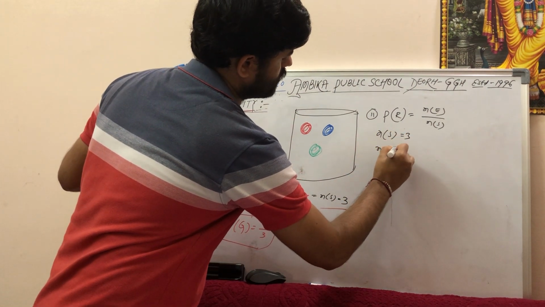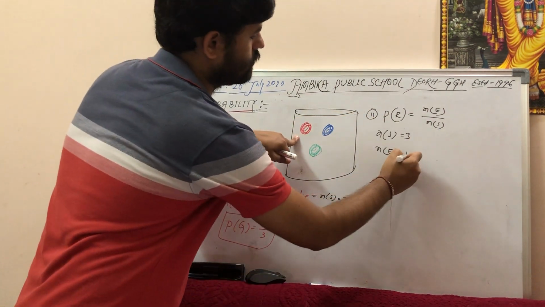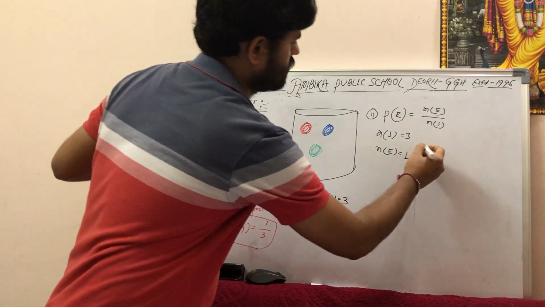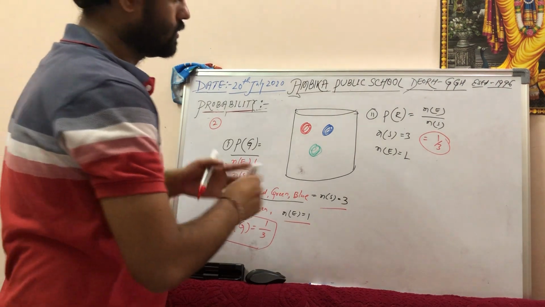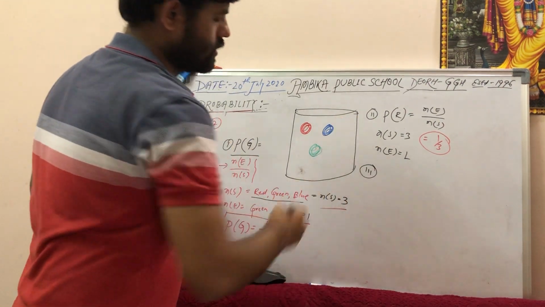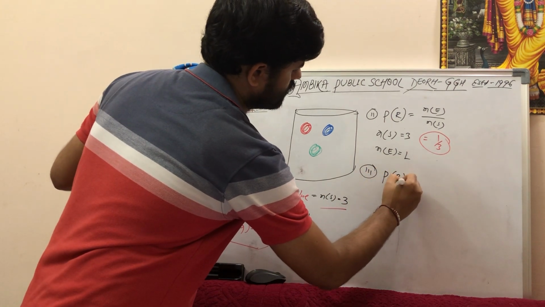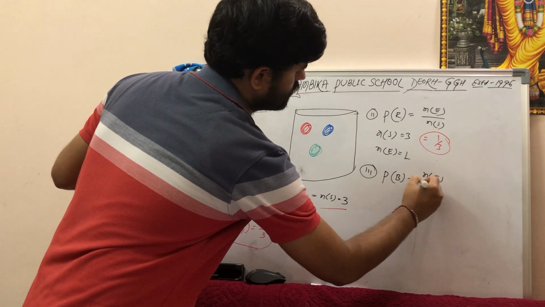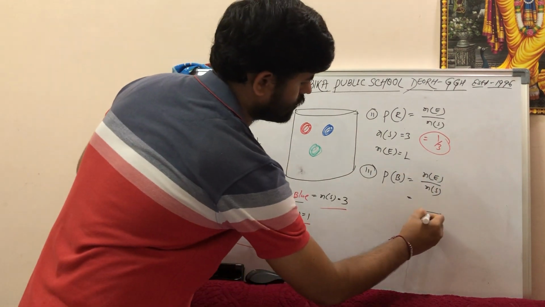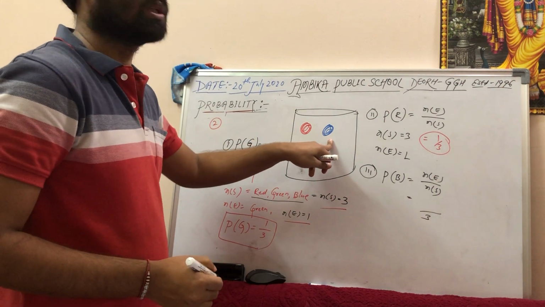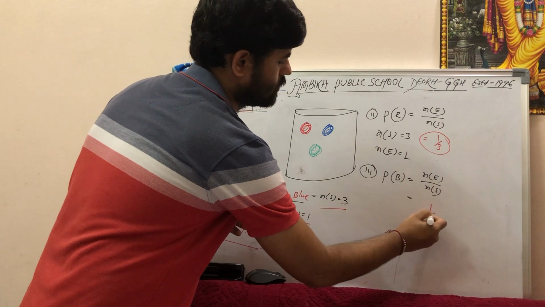Number of events: the question is red. Red is only 1, so the event will be only 1. Answer will be 1 by 3, right? Third question will be the blue ball. Probability of blue equals number of events by number of sample space. Sample space will always be 3, but blue is how much? Only 1, so I will write 1. So here also the answer will be 1 by 3.